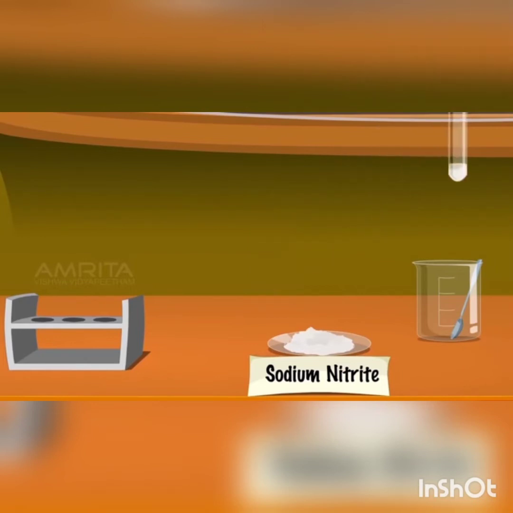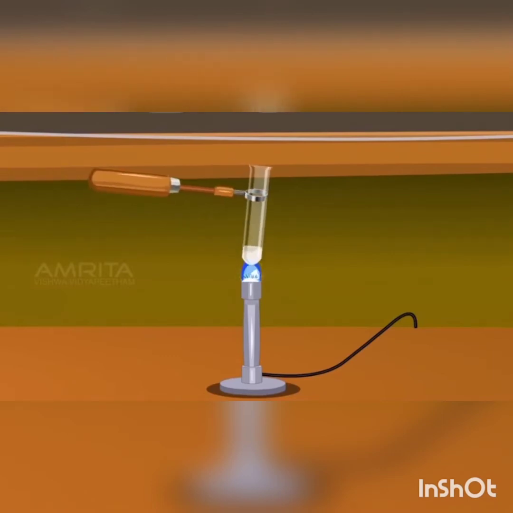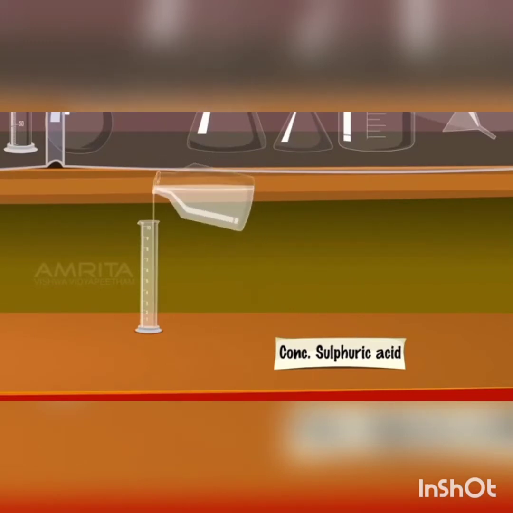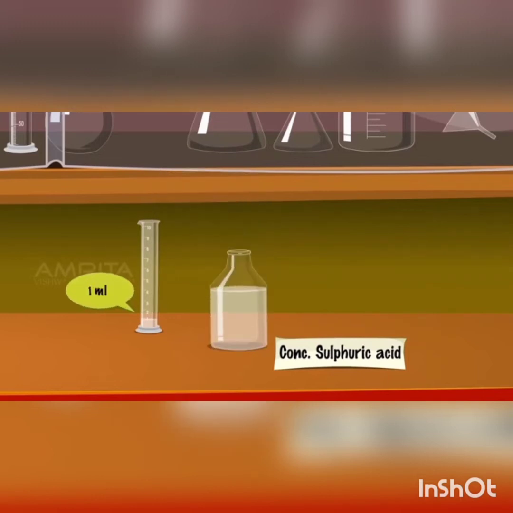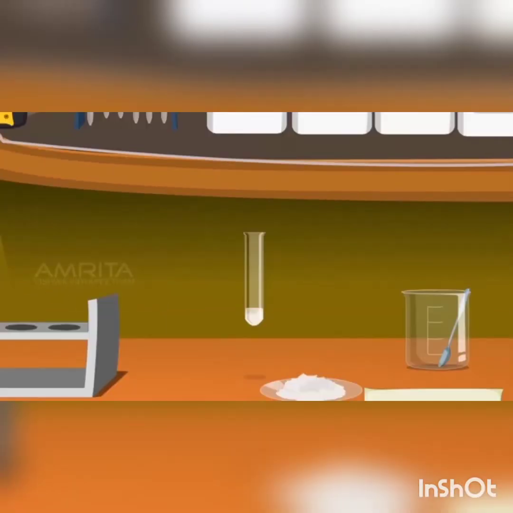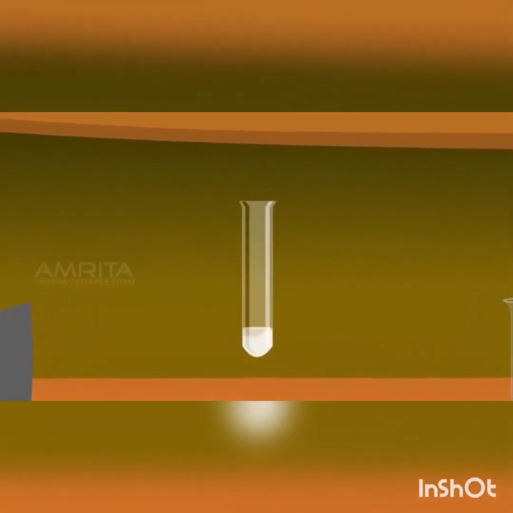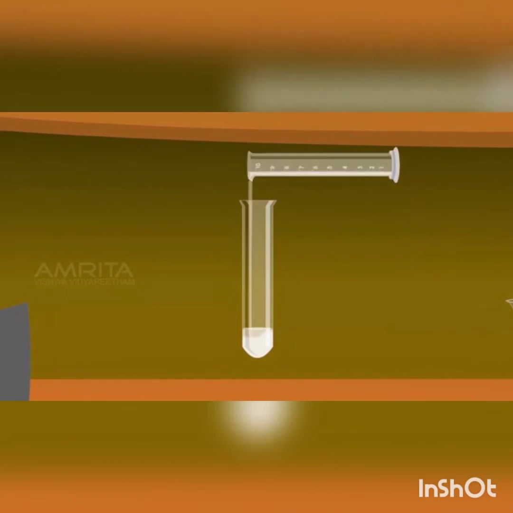Heat it gently for half a minute and allow it to cool. Take a measuring jar. Pour 1 ml of concentrated sulfuric acid into it. Pour it into the tube.